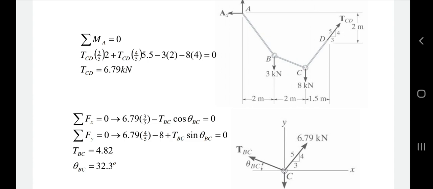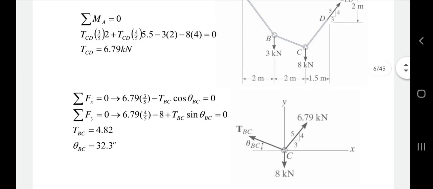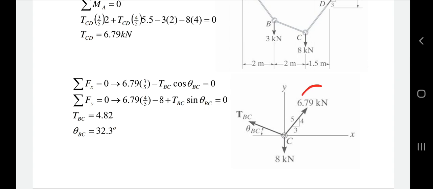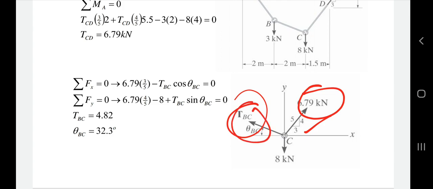As you have found out the tension in CD, that is 6.79 kilonewton, you move on to point C where TBC is unknown. You can know the theta or 345 triangle. The theta BC is unknown, and there is another force 8 kilonewton. Now there are two unknowns, TBC and theta BC, and the rest of the things are known.